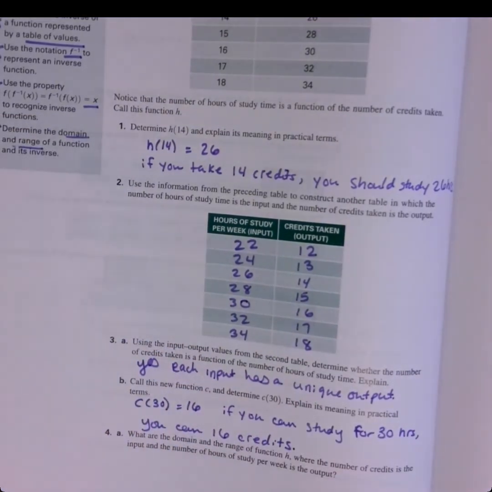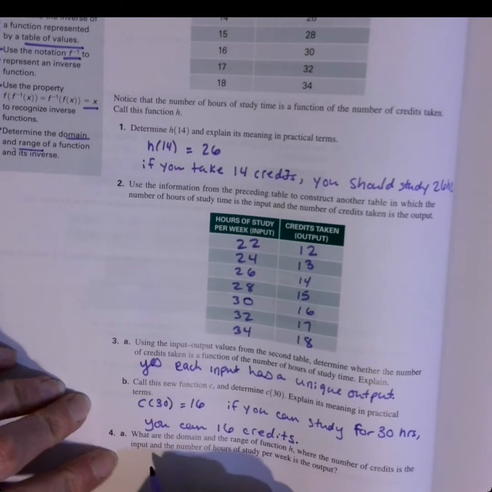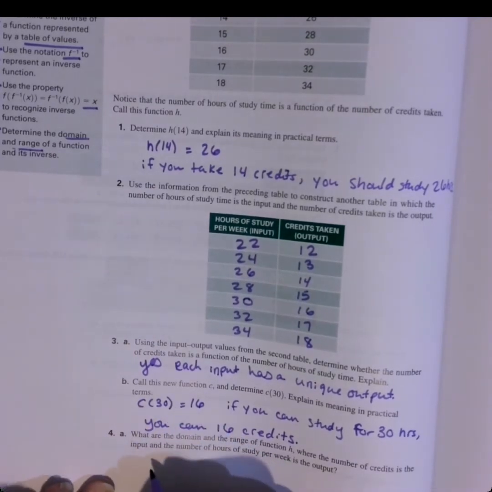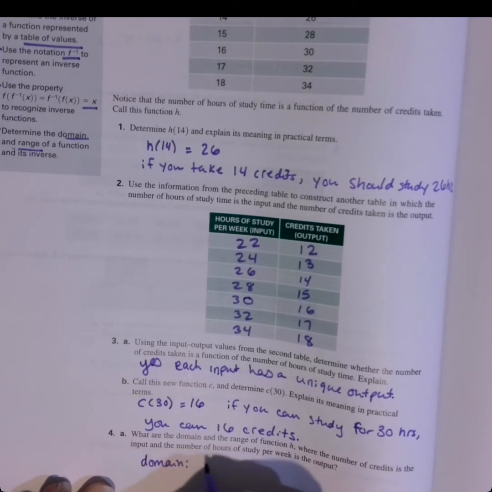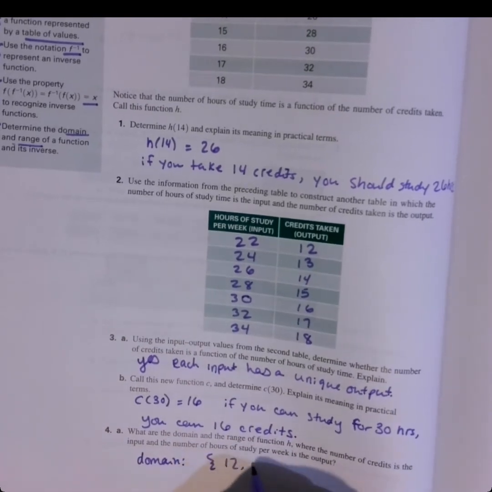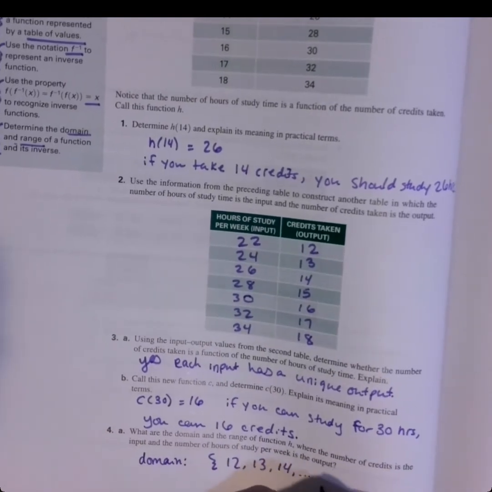What are the domain and range of h? Okay, so h was the top function up here. And this was the number of credits. We're going to go ahead and list these discretely since we're looking at the numeric function right here. So our domain for the h function was 12, 13, 14, etc., up through 18.